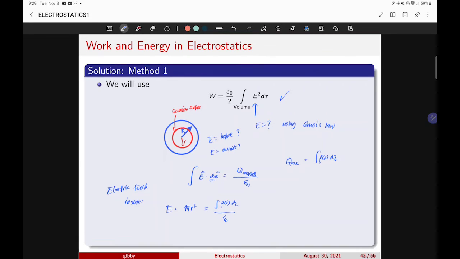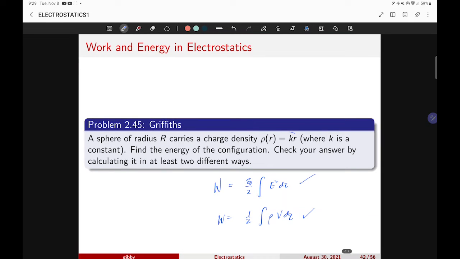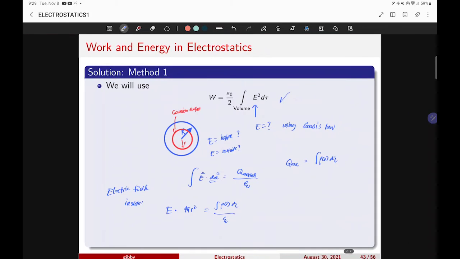Right? Take a look at this one. Your charge density is kr. Okay? So you integrate that. We have the integral of kr. Your d tau is r squared sin theta.